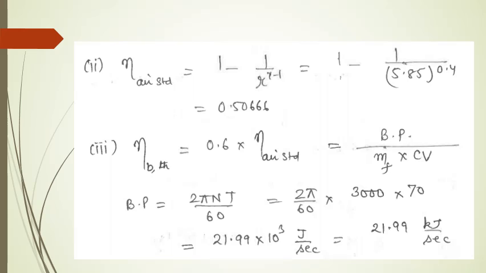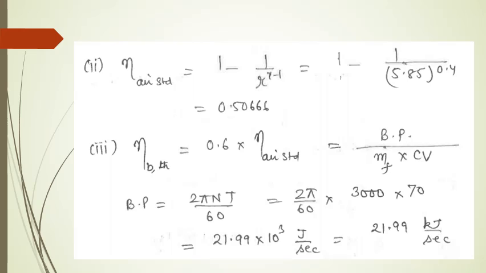Now brake thermal efficiency is also expressed formula-wise as the ratio of brake power and the energy generated by the burning of the fuel, that is mf dot into cv, where mf dot is the fuel consumption rate and cv is the calorific value.